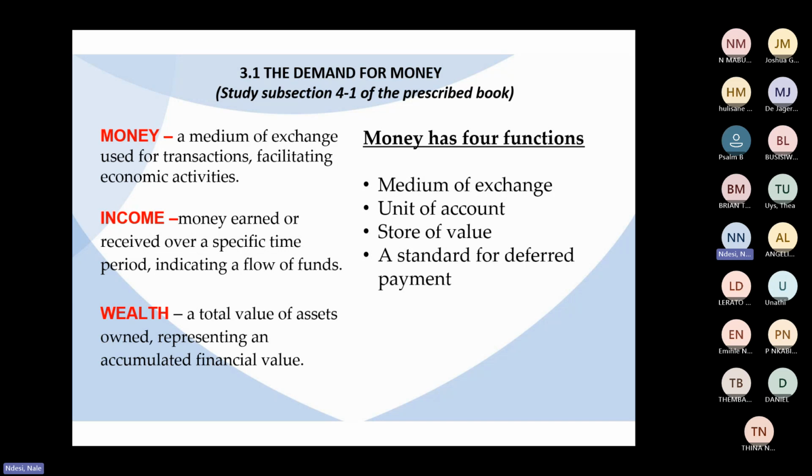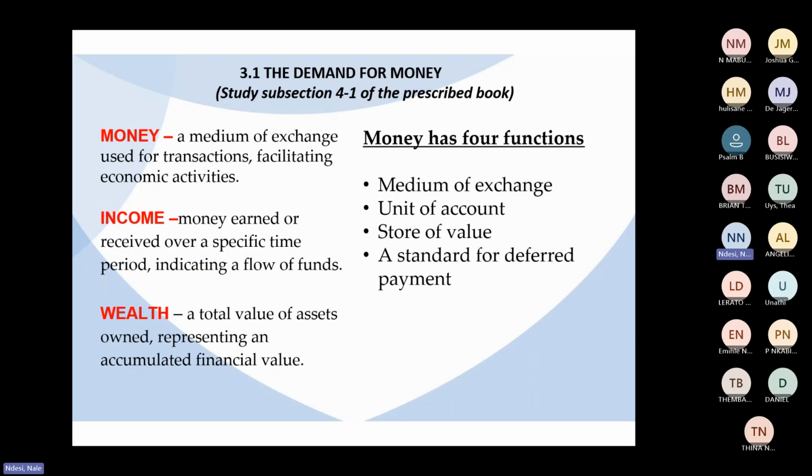Now we look at money as a store of value. This means that money retains value over time, which allows people to save and transfer purchasing power from the present to the future. So money can be stored now and used later.